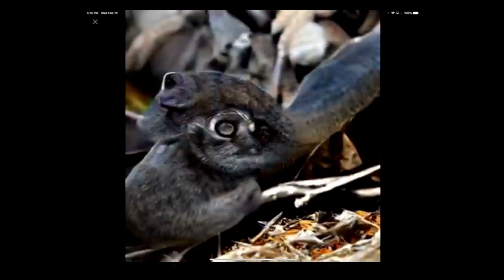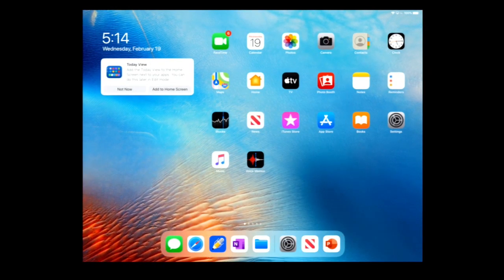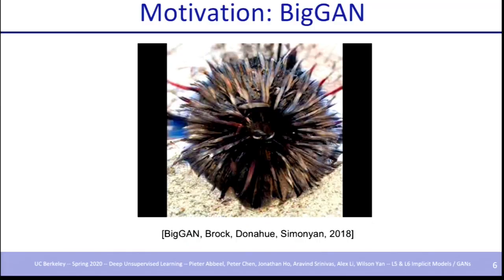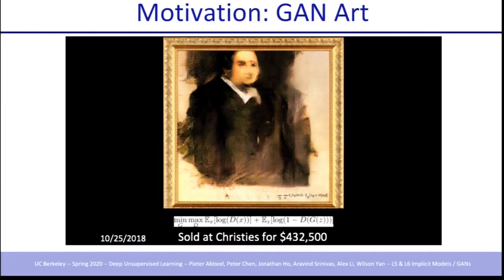So our goal is to better understand how to get these things to work and maybe also see what the future might be. Actually, something very interesting that happened is in 2018, somebody took some code available on GitHub, trained a GAN on paintings, and then actually marketed really well and sold them at Christie's, which is, well, it's in London.